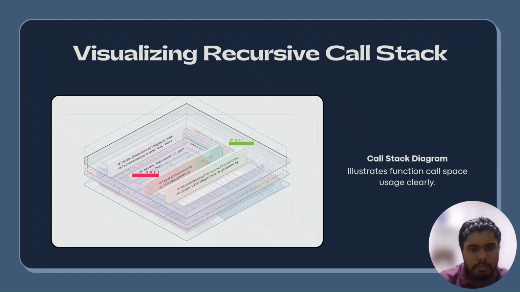Some common space complexities include O(1), O(n), and O(n^2). The goal is to choose algorithms with lower space complexity whenever possible.